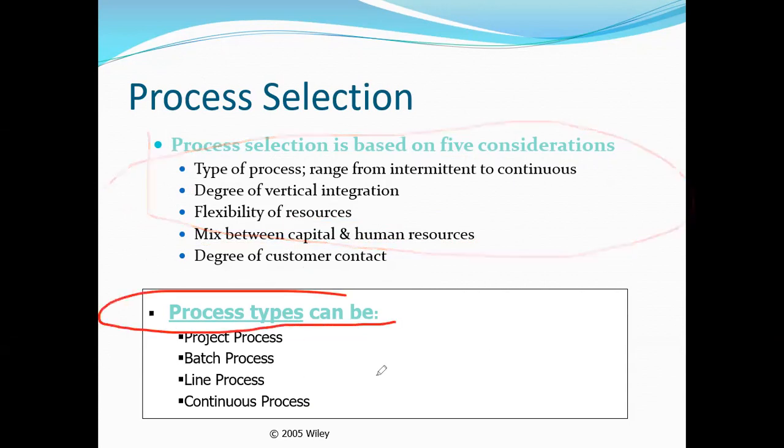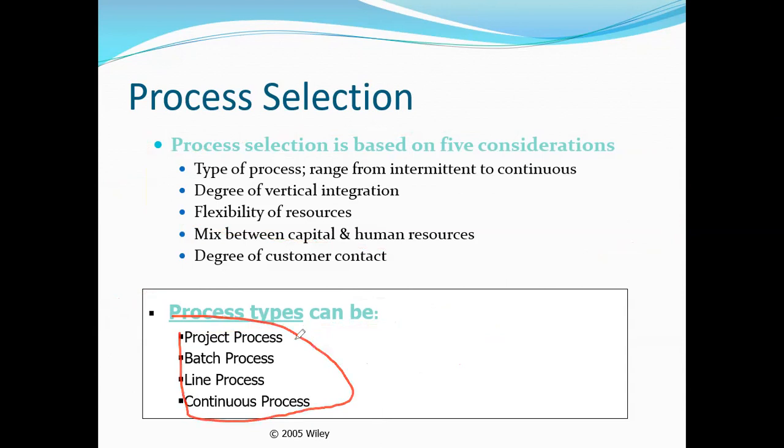So the first one is the type of process. Basically we have 4 major types, and there are some in between. We have project process, batch process, line process, and continuous process.